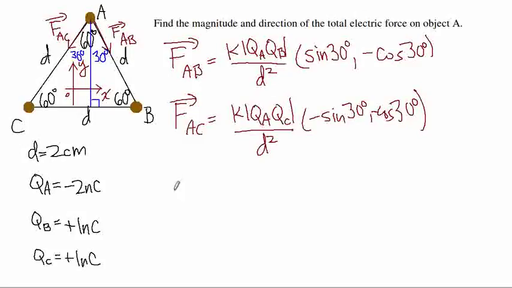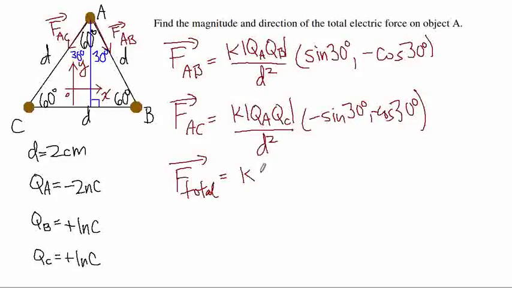All right, so F total will equal K times, and by the way, notice that the products Q_A times Q_B and Q_A times Q_C are the same.